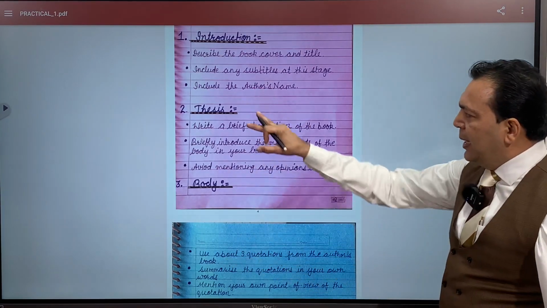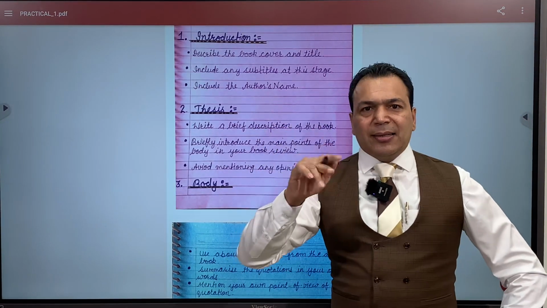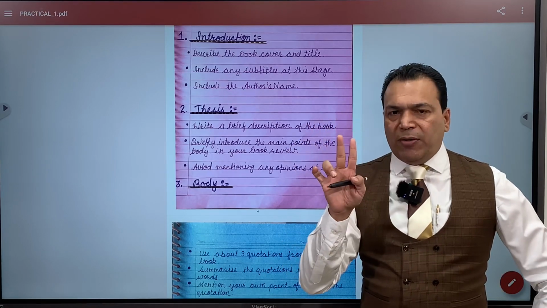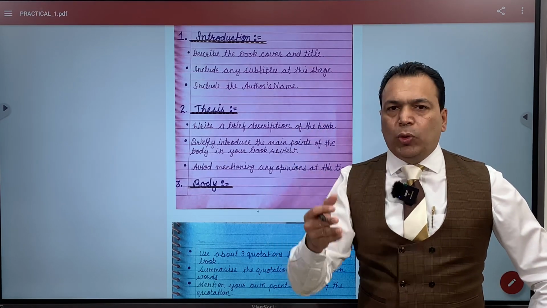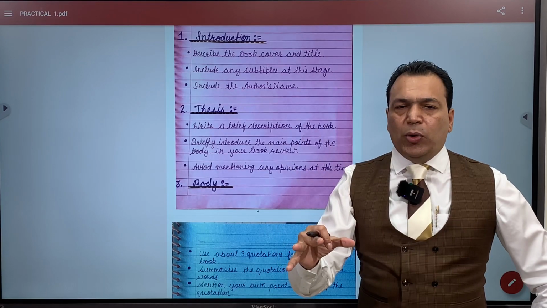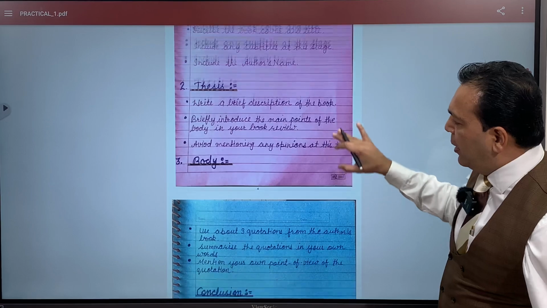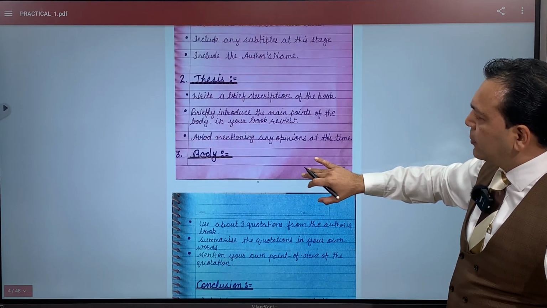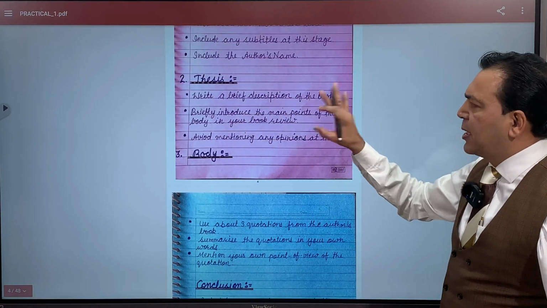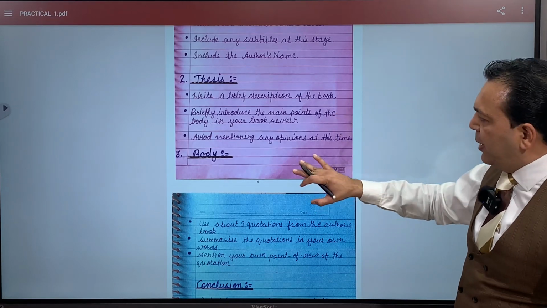Under the thesis, you have to talk about the contents of the book, the chapter names, and write a brief description of the book, only a brief description.